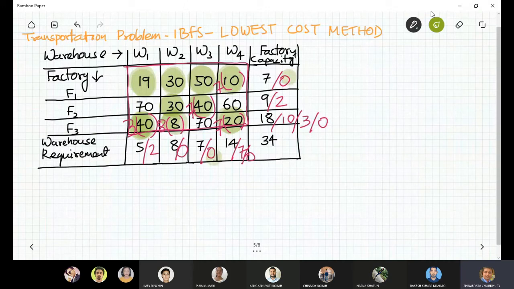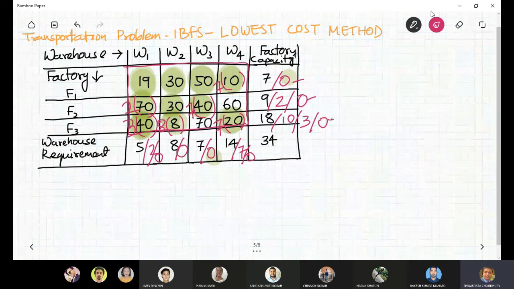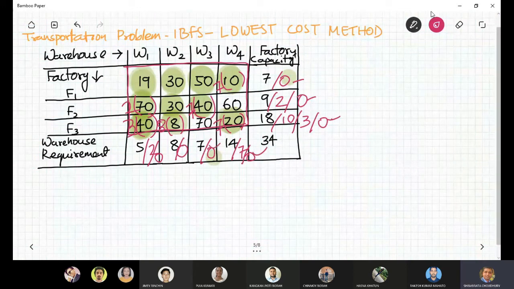Okay, then we'll come to 70. So this 70 will come. Okay, this is 0, 0, 0, 0, 0, 0, 0. Okay, so now I'll write the next method.